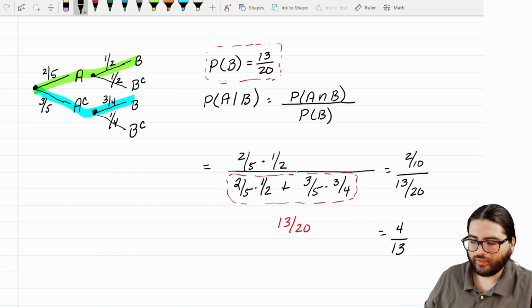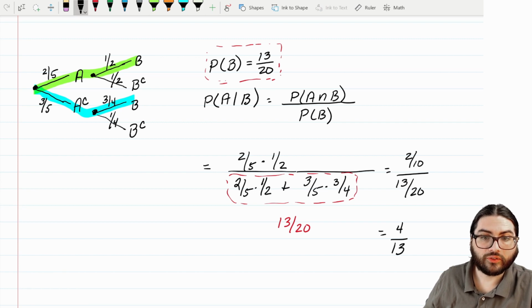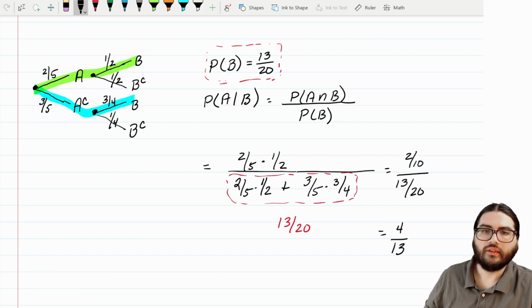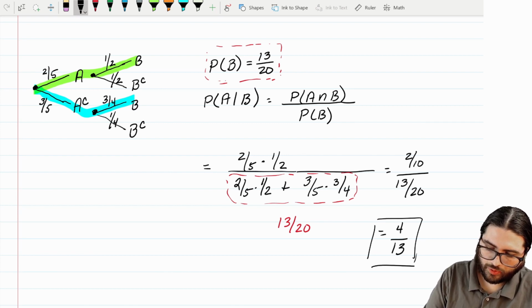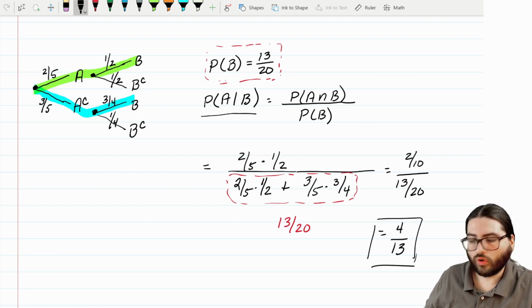I multiplied times 20 on the top and on the bottom. It cancels on the bottom, but on the top it wouldn't fully cancel. 2 over 10 is the same as 4 over 20. So then it's 4 over 13. That is the probability that I'm looking for. The probability of A given B is 4 over 13.